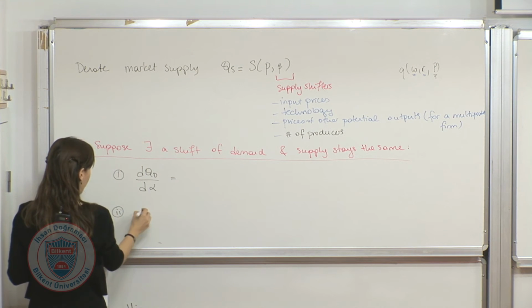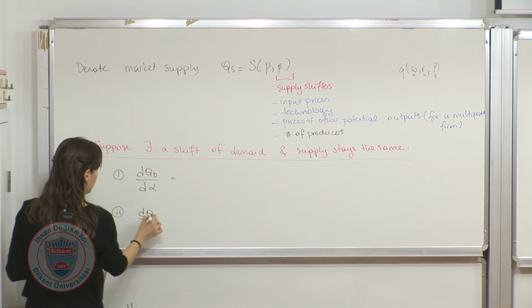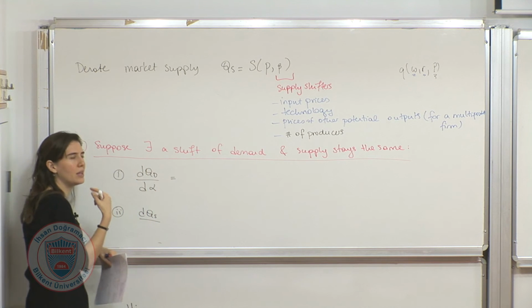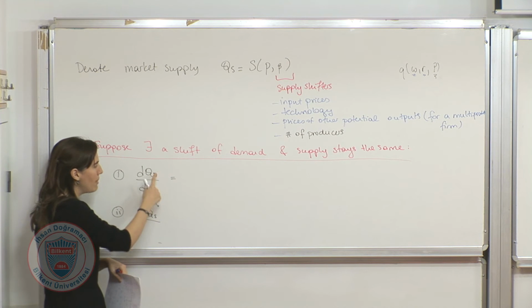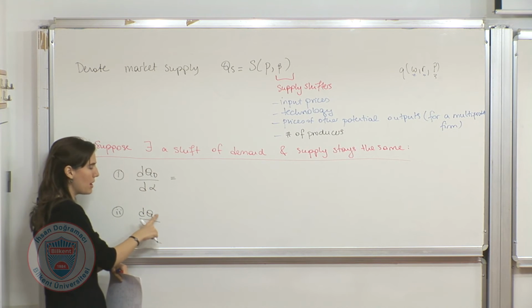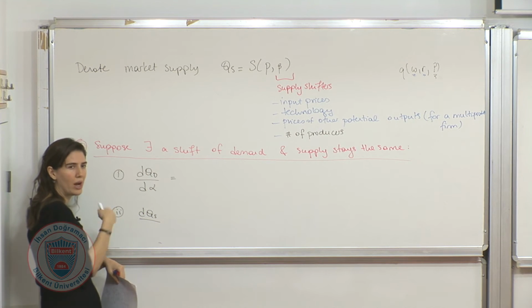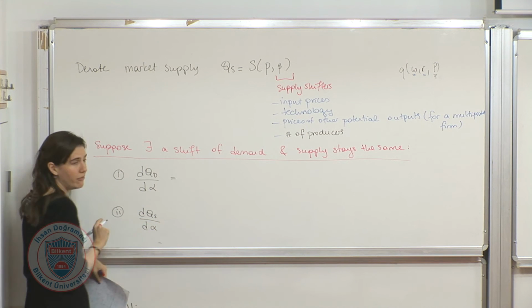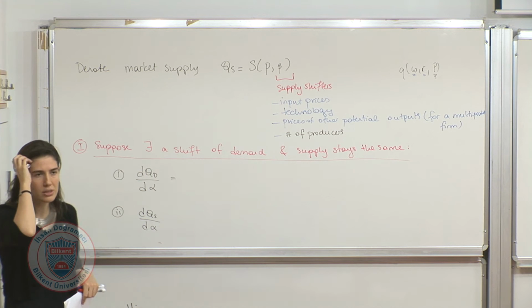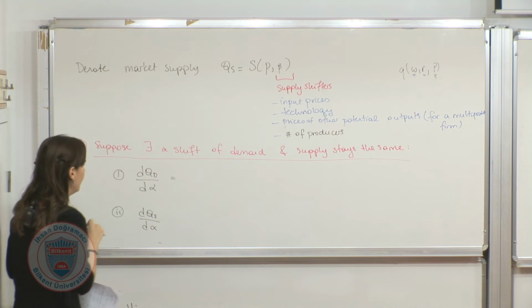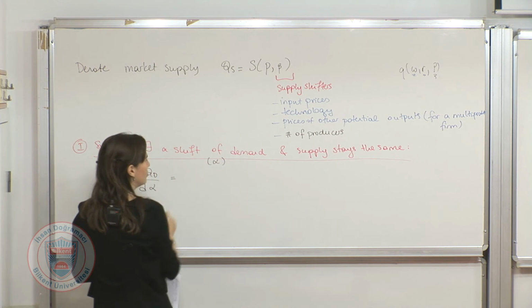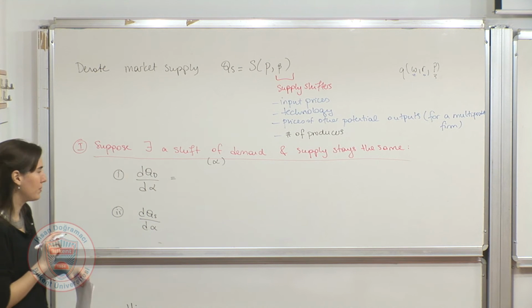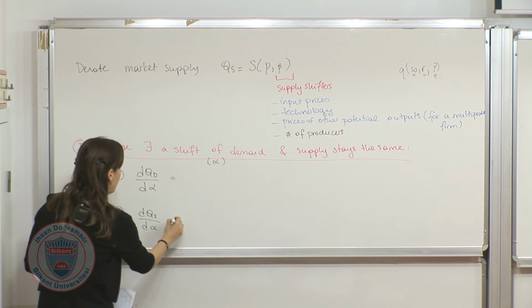Or you can think of it like this: this is how much demand is going to change, and this is how much supply is going to change, right? So the shift. I'm going to put alpha. There has been a change in the demand, a shift of demand, suppose due to this alpha shifter. So this is basically the case.